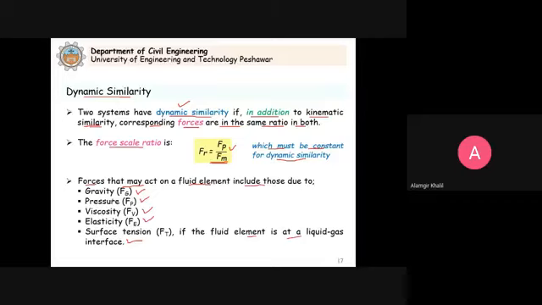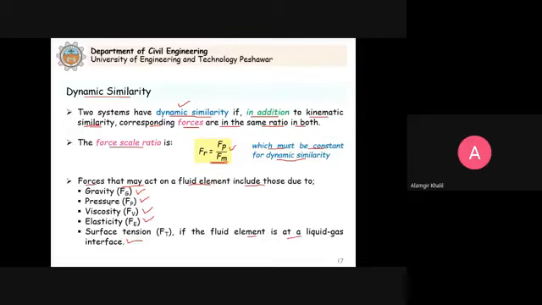Remember, it's not necessarily that all these forces must be present in the fluid phenomenon at the same time. No, now we are discussing generally. So maybe it is possible that one or more forces are absent.